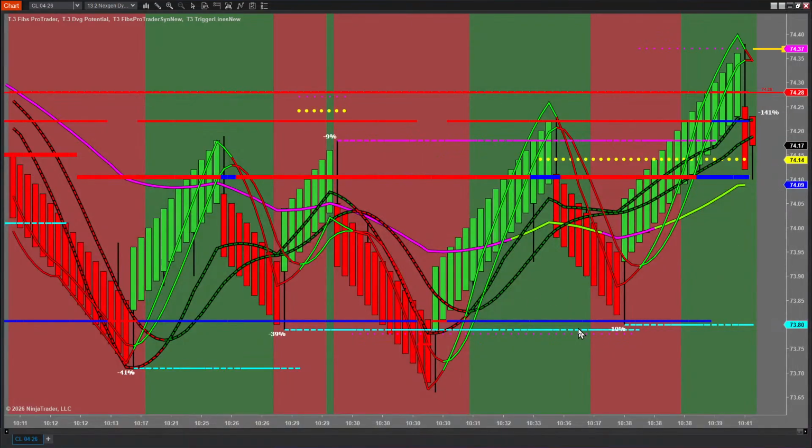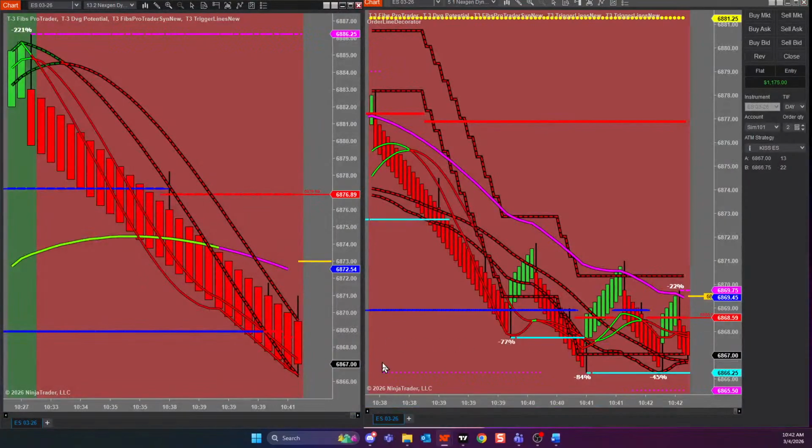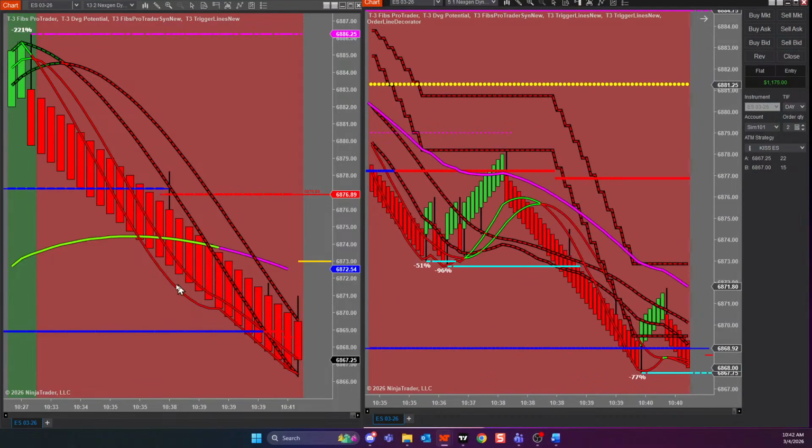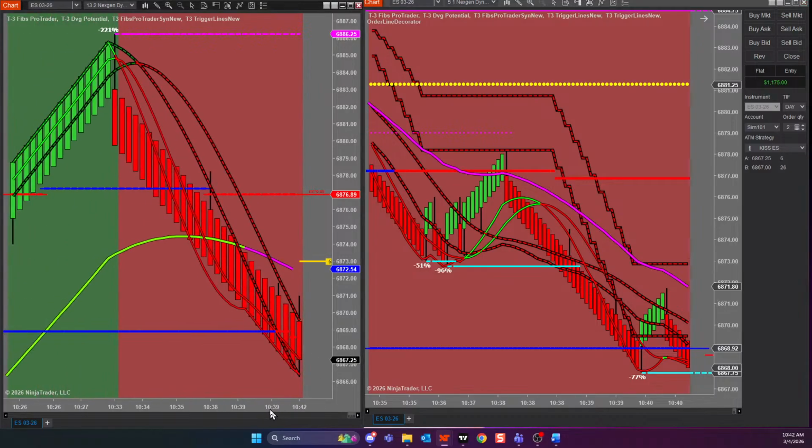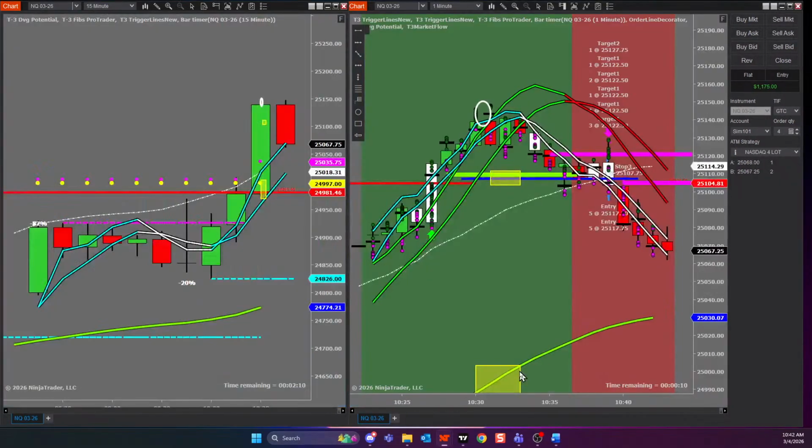Crude oil's trying to break out. There's your S&P cranking down. That's it. They ran it up. Maybe they're going to run it down. Who knows? Cav, have a good one, man.